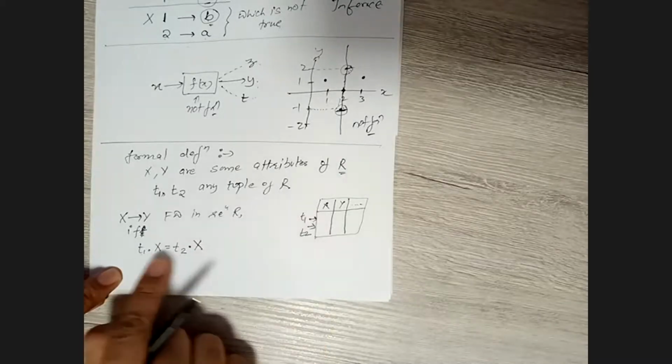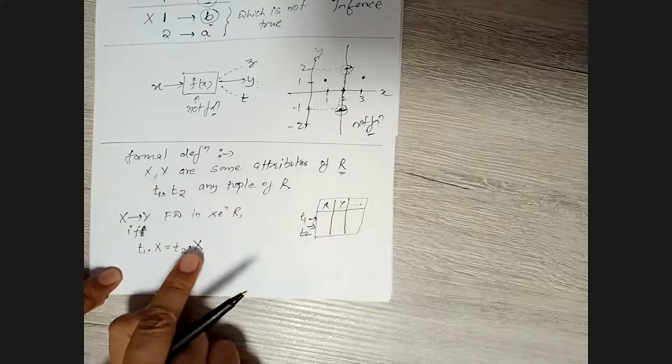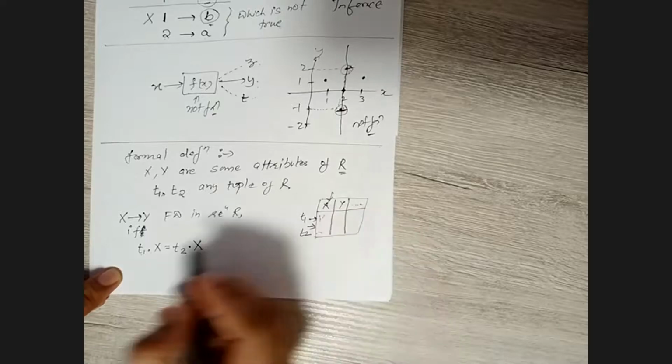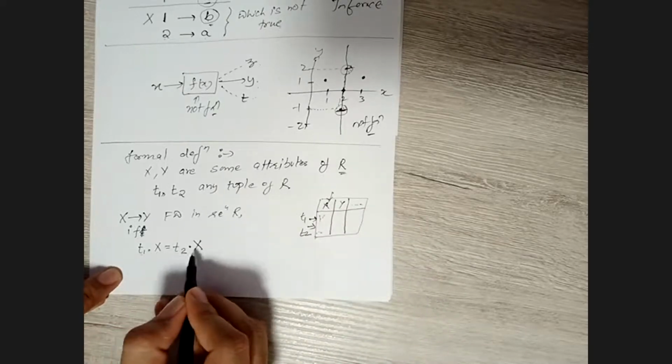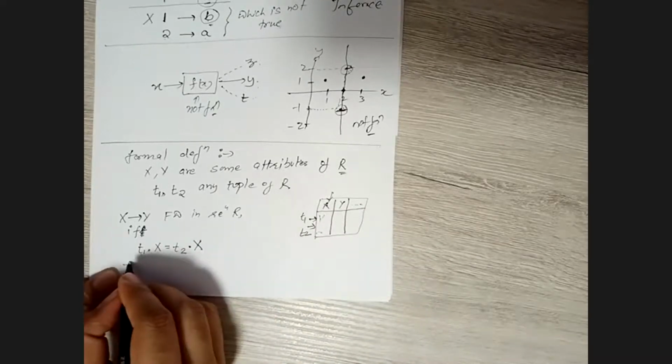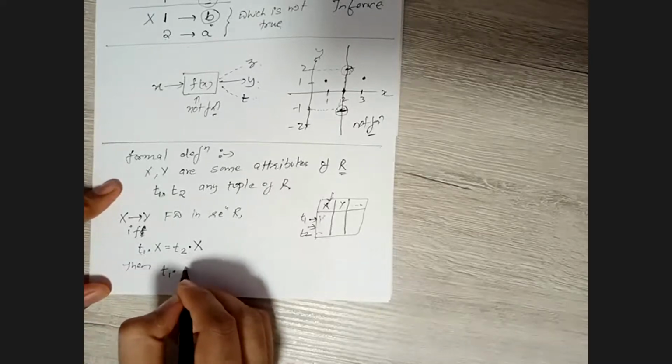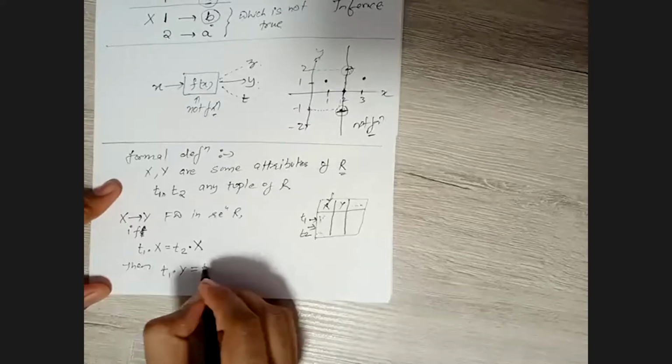For example, we are just taking a single attribute X, which means for the single attribute X we have two different tuples. So that's why T1.X equals T2.X. If this is true, then it means our T1.Y should also be equal to T2.Y.